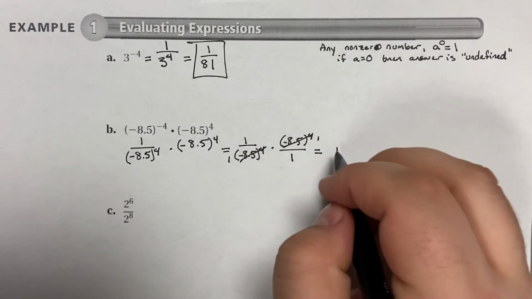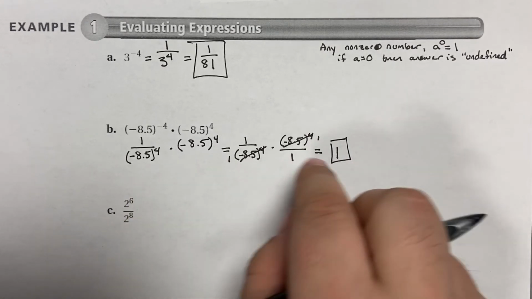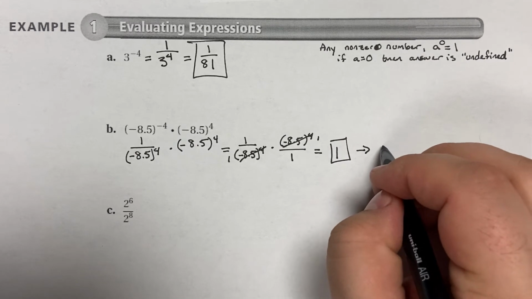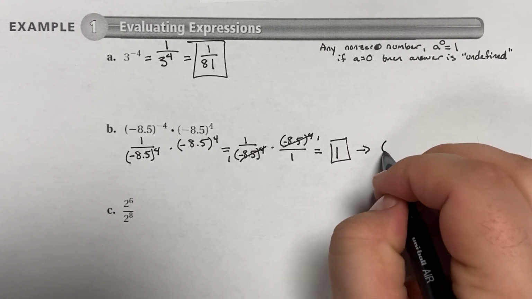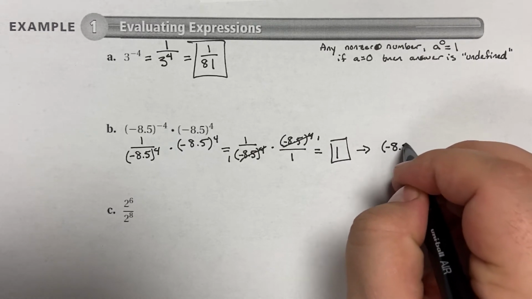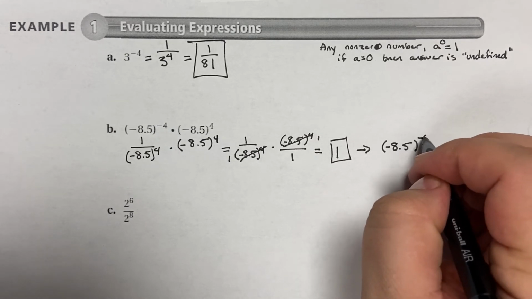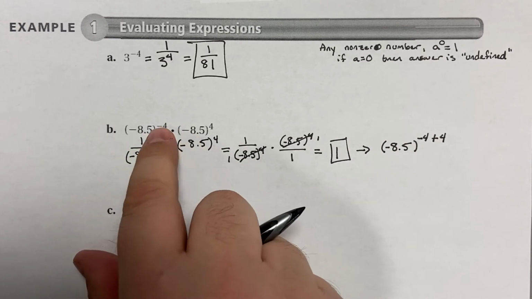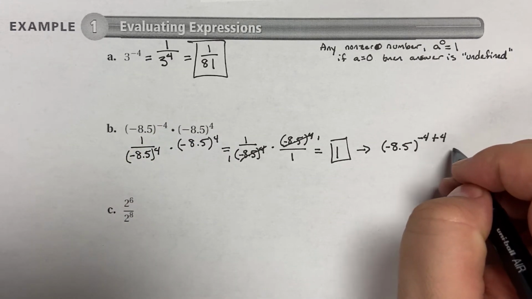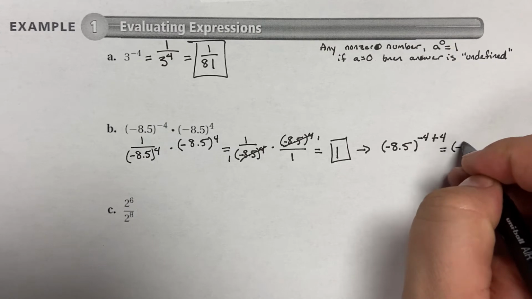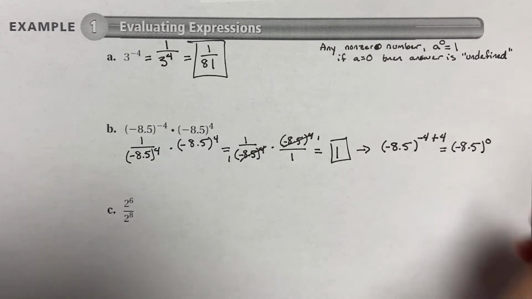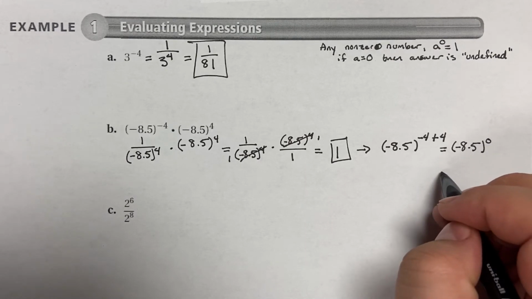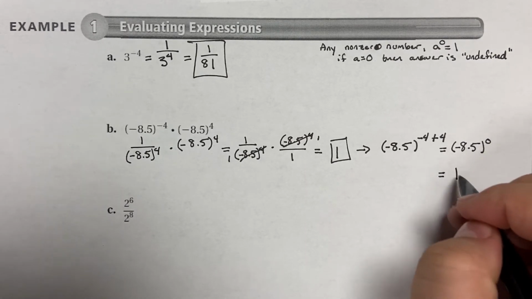This is true, but it's a lot of work, because the same thing can be done this way. This is the same thing as just writing the base, negative 8.5, to the negative 4 plus 4. Because we have the same base, we can just add the exponents, and that's the same thing as negative 8.5 to 0, and any number other than 0 to the 0 power is 1.